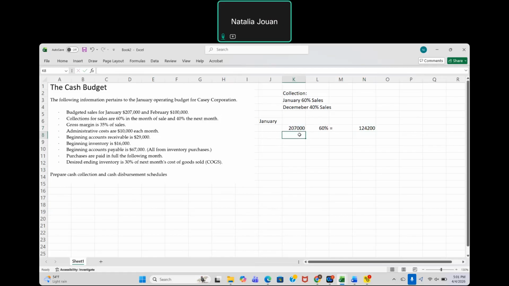Now, we're also collecting 40% of the sales in December. We're not given December sales. However, we are given accounts receivable. Look at this 29 right here. 29 is what we haven't collected from whatever we sold in December. We're being told that we typically collect 40% following month.